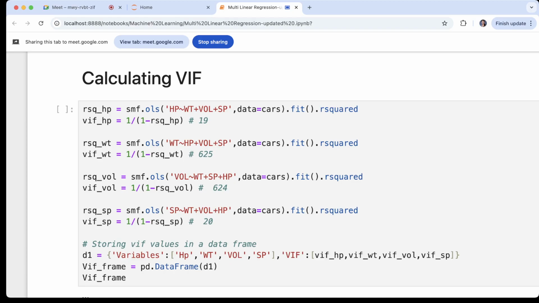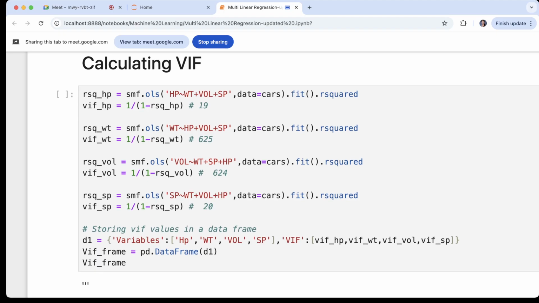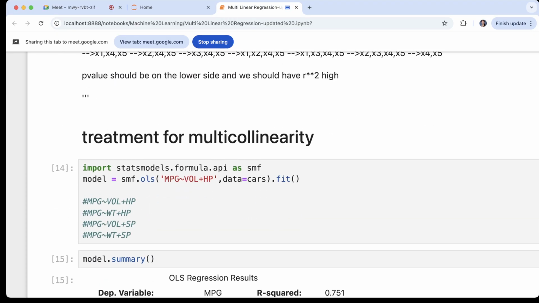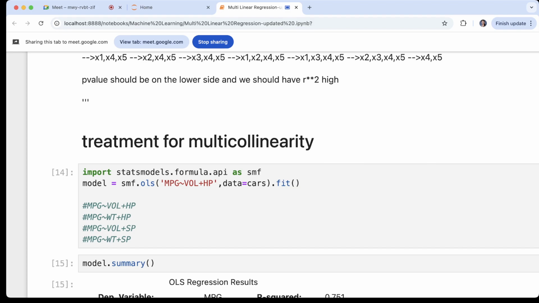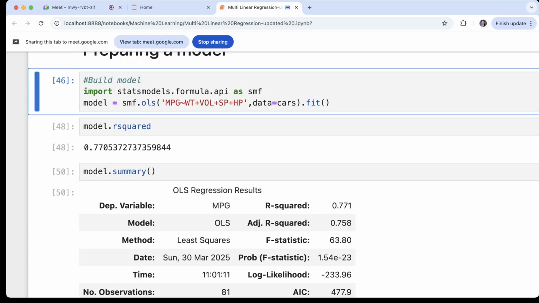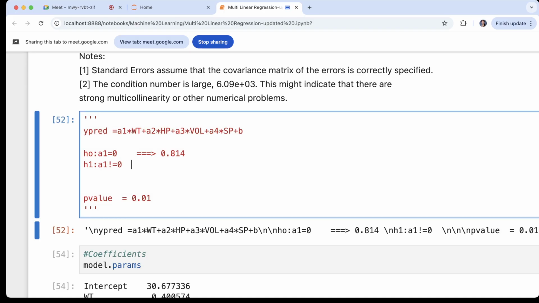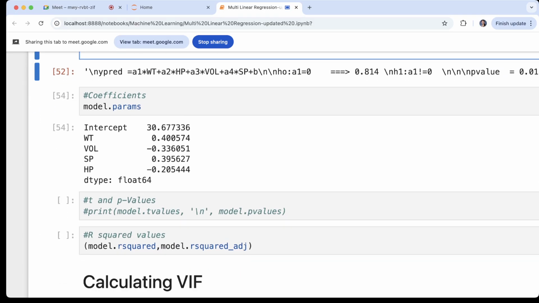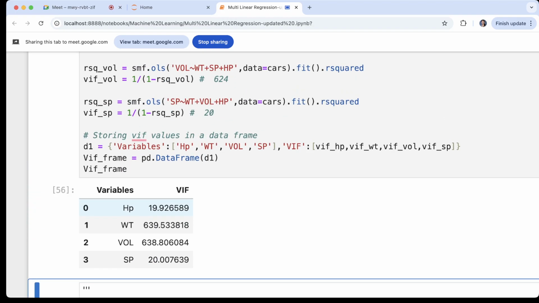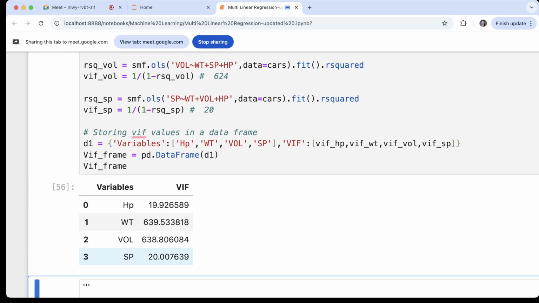So now we are doing the same, against one feature, the other ones, and then we calculate VIF for all. Once we calculate the VIF, we get these values.